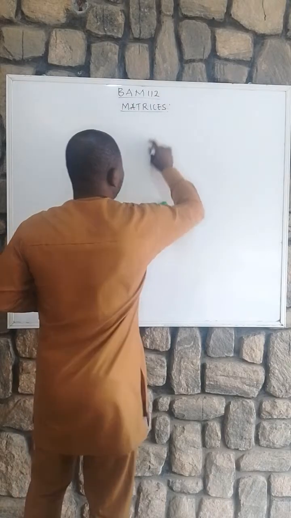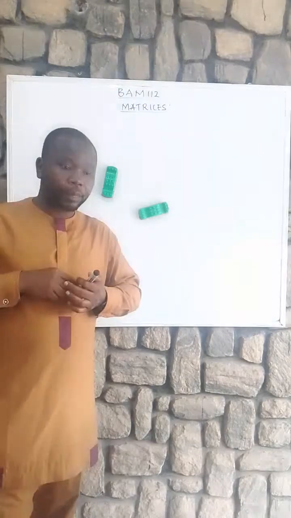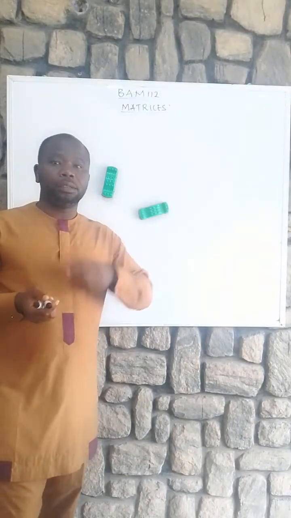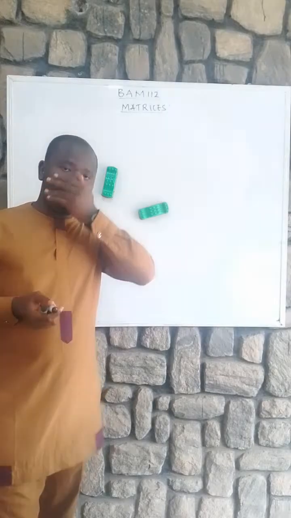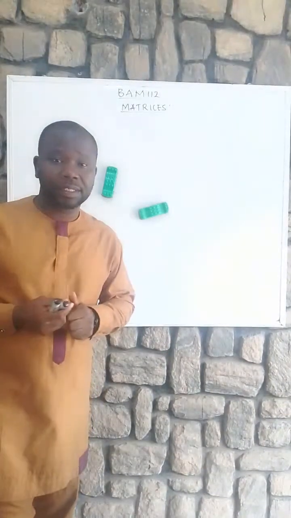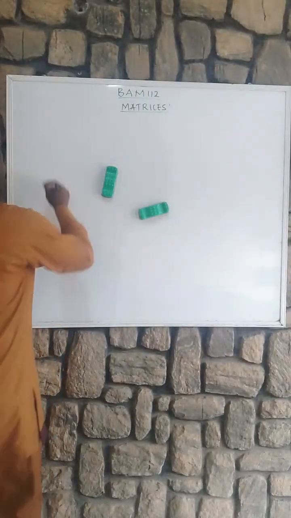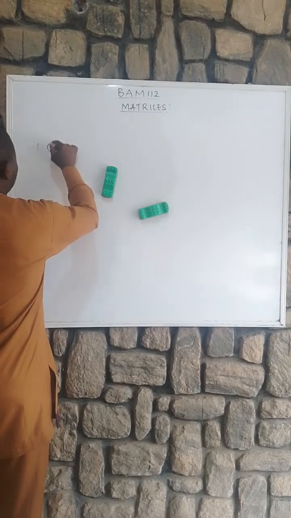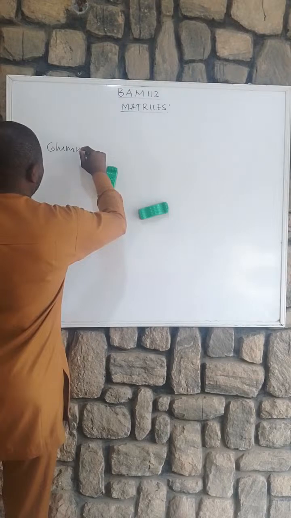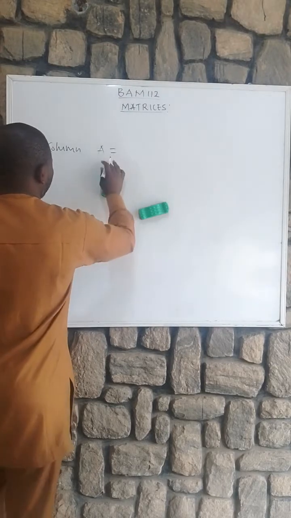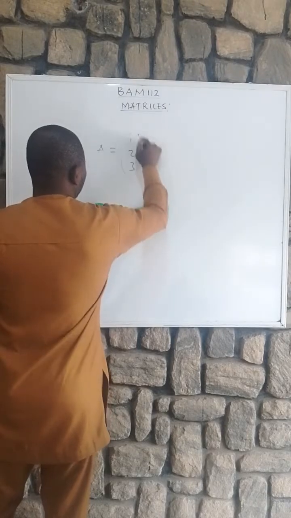and we were able to define what matrices is all about, and we moved further to consider types of matrices. I said we have column matrices, that is, for example, if we have a matrix of this form, 1, 2, 3, this is called a column matrix.